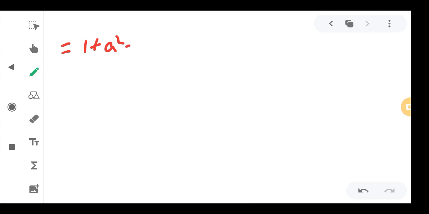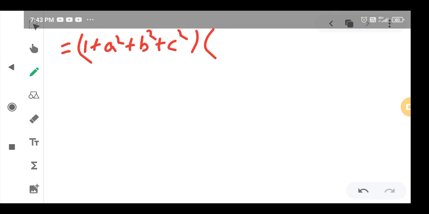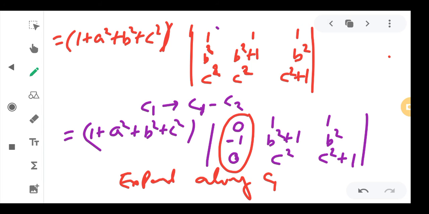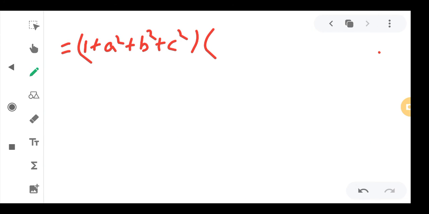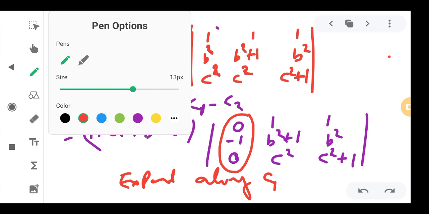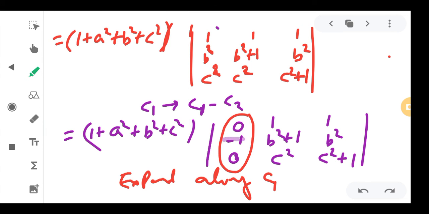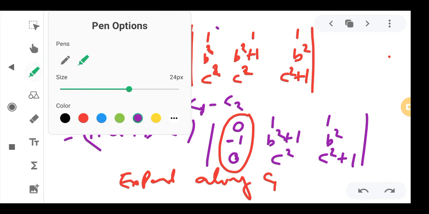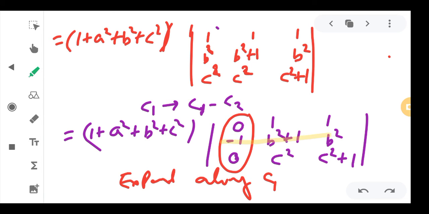1 plus a square plus b square plus c square, and then the signs will be plus, minus, plus. So minus of minus 1 will become 1, correct? 1 into, then if you take this element, this row will finish and this row will finish, correct?